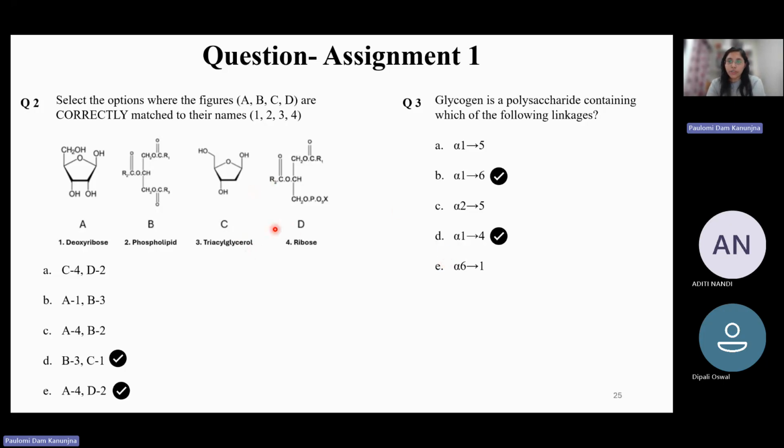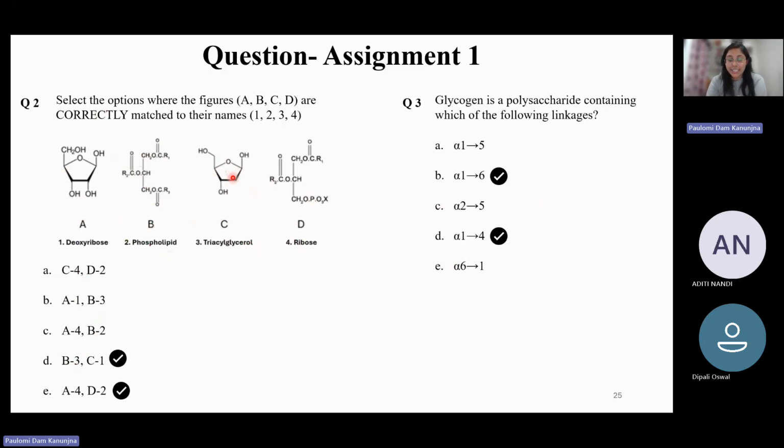So look into the structure of glycogen. You will see this one. And here you have B as 3. So B is for TAG, triacylglycerol. And C, sorry, let me do it first like this. B is 3. C is 1. See, if this structure is for deoxyribose, because your A is for ribose. So this is ribose and this is deoxyribose. Why?